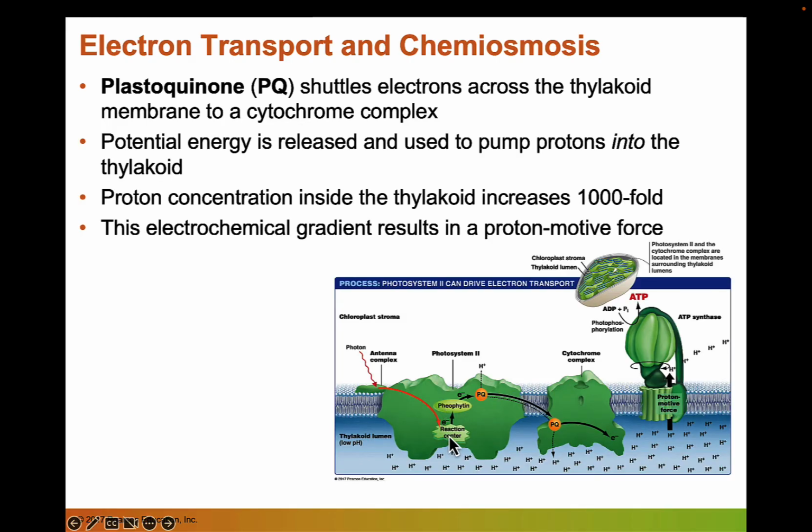And these molecules have different redox potential, just like the electron transport chain in the mitochondria. So here we have the highest redox potential in the cytochrome complex relative to pheophytin. And so this release of potential energy as you transfer electrons from molecules with low redox potential to high is going to be used to pump protons into the thylakoid lumen.